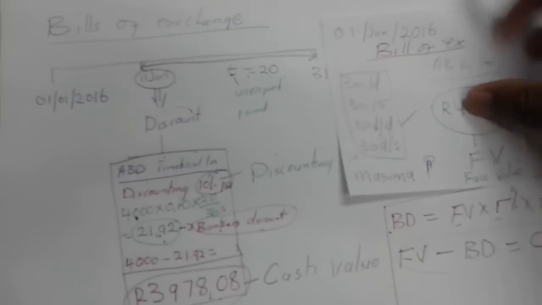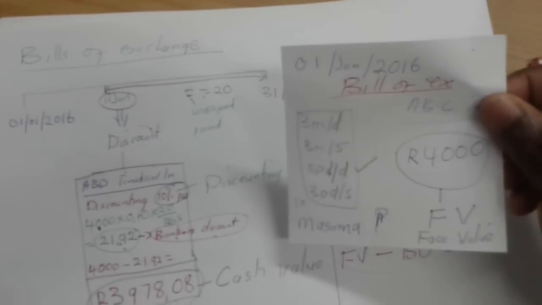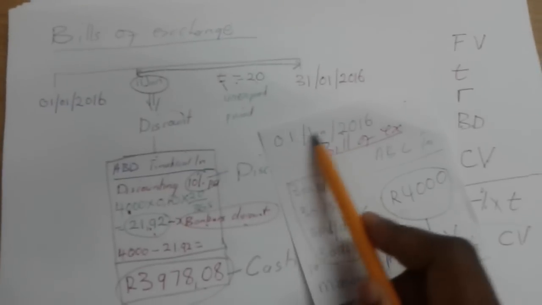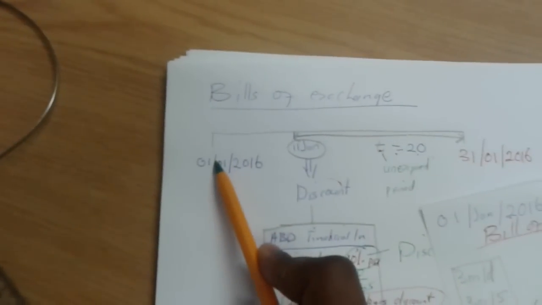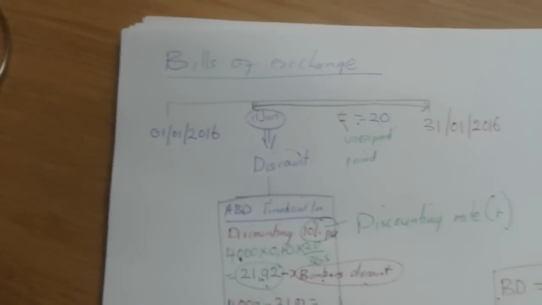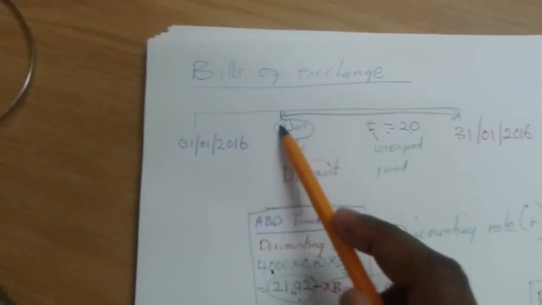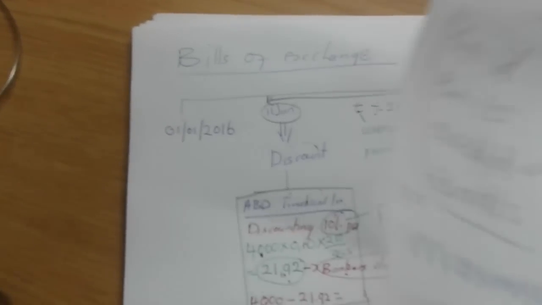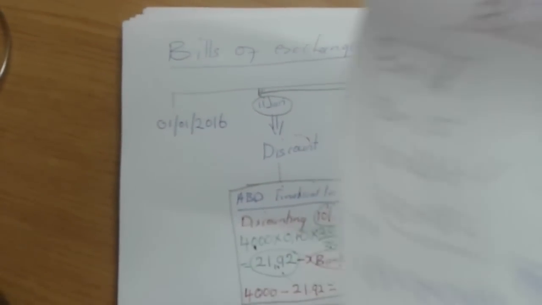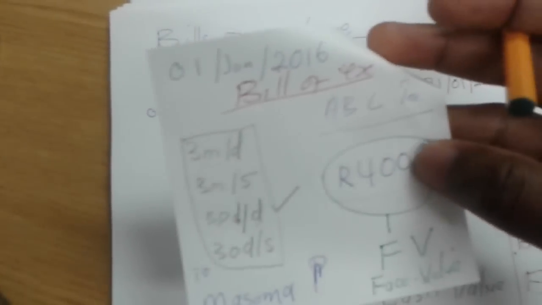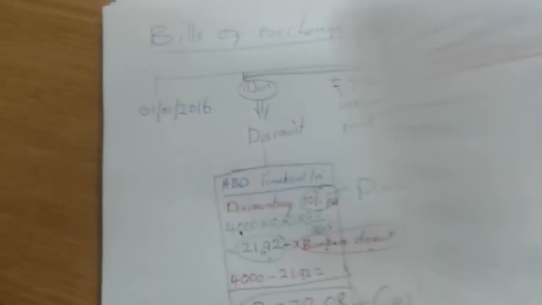So a bill is drawn on the 1st of January, there is our date drawn. But 10 days later, on the 11th, the guys need money. But now this is just a paper, just a promissory note that you get money on the 31st. A note does not bring cash.